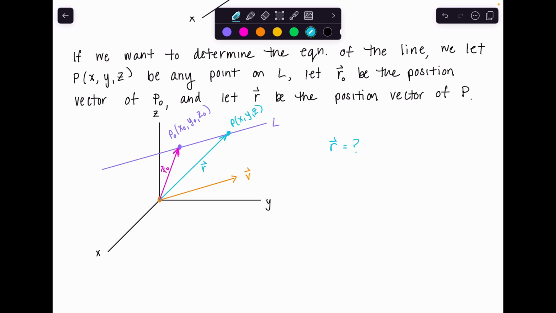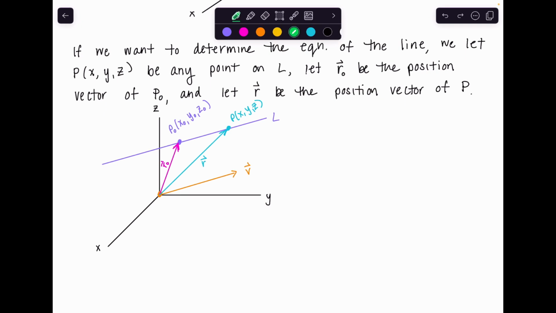This is any point on the line, so it's giving me how to figure out the x, y, and z coordinates for that point. Okay. So what I'm going to do is define this vector connecting r naught to r to be a. I don't know what that looks like right now. However, because I have this triangle in here, remember our sum: if I add these two together, it gives me that resultant diagonal.